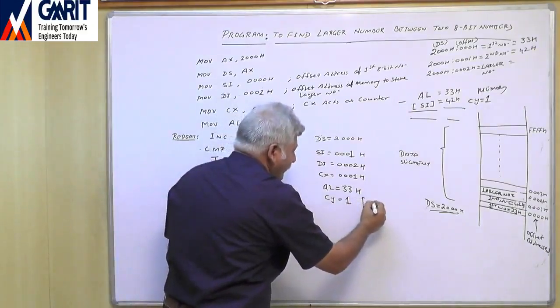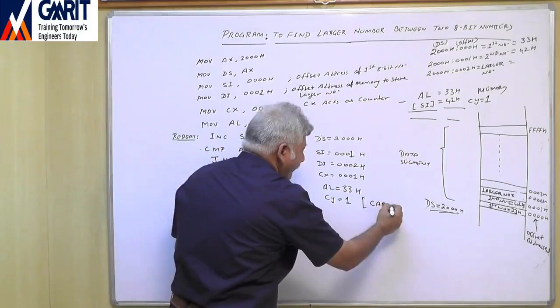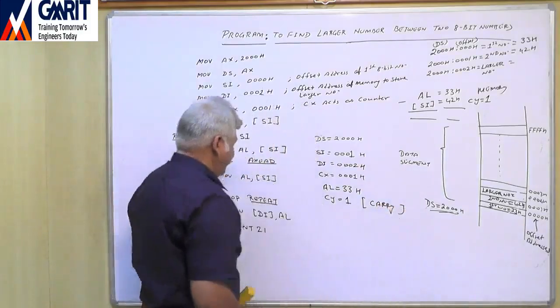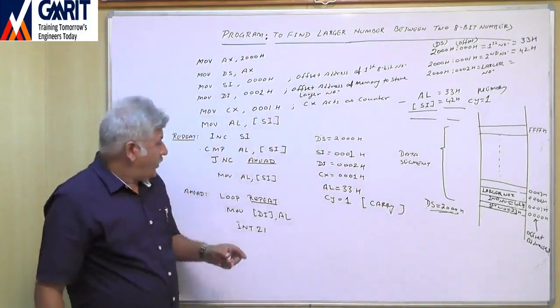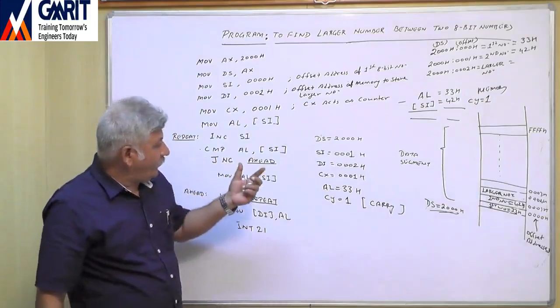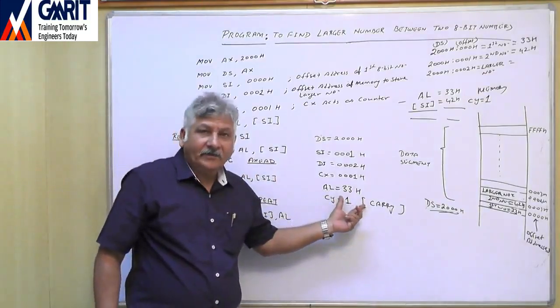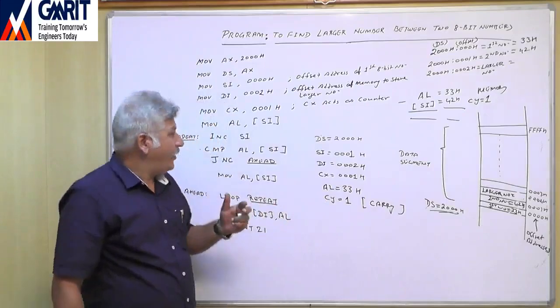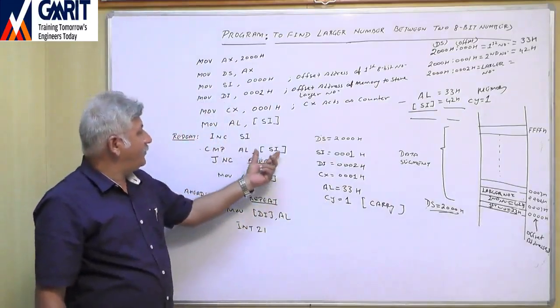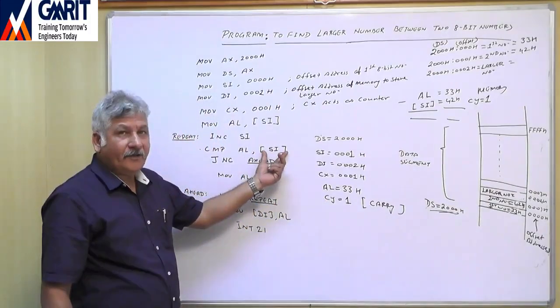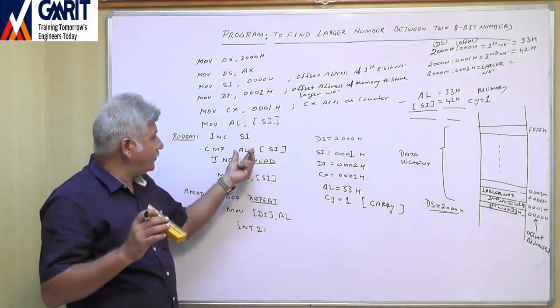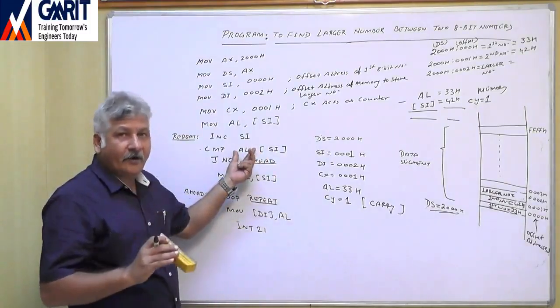This means there is a carry. If the carry flag sets when we compare AL with this number, this indicates that whatever is in AL is the smaller number, right?